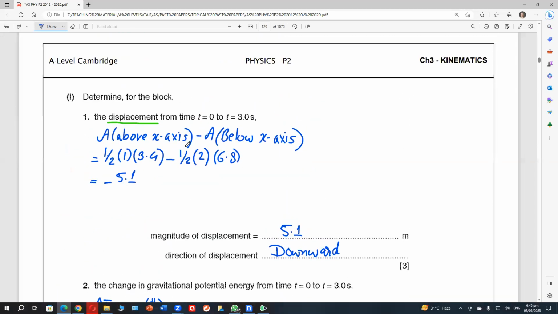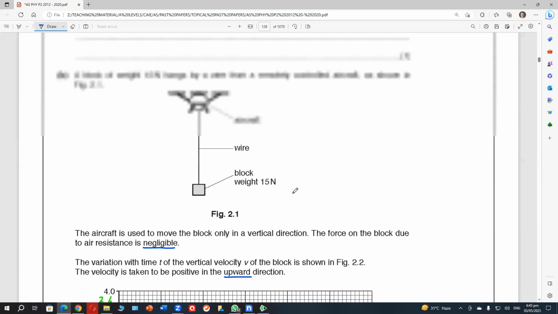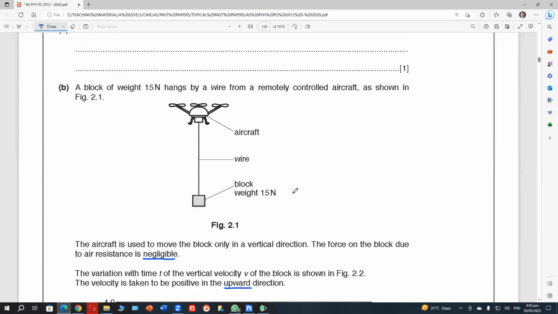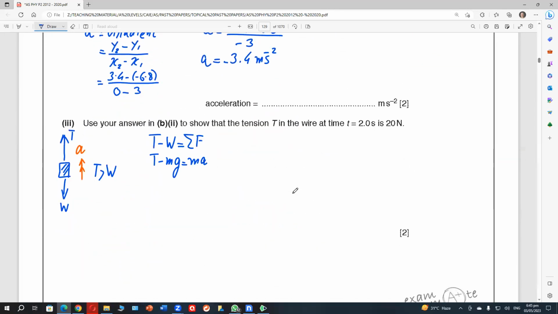Do I have the weight? A block of weight 15 Newton. So I need mass here also, actually. So what should I do? I should keep W here.